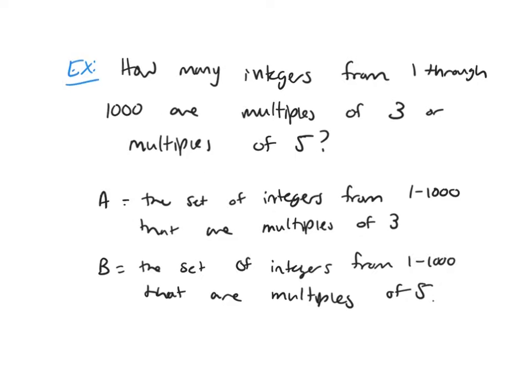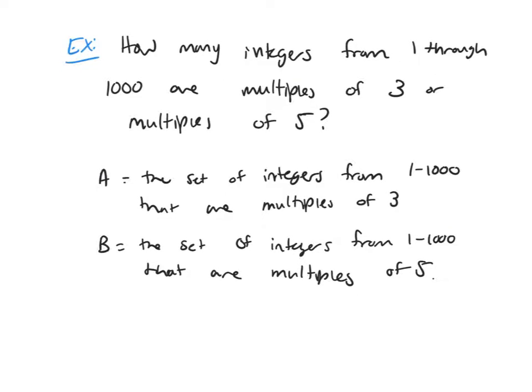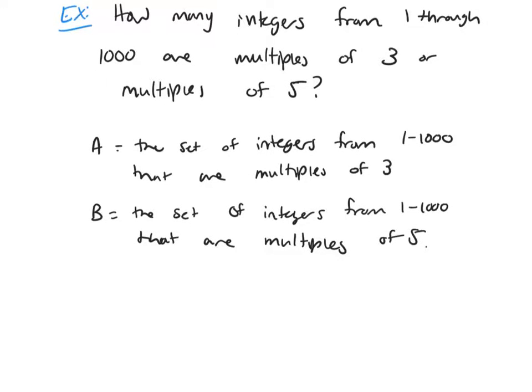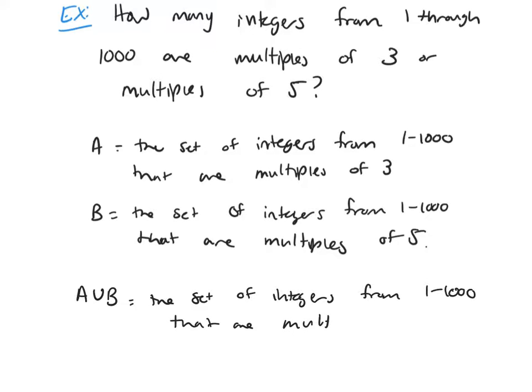But here we can't use the addition rule because there is some overlap in these two sets. And what would the overlap be? So in the end, the union would be the set of integers from 1 to 1,000 that are multiples of 3 or 5, which is what I'm trying to count.